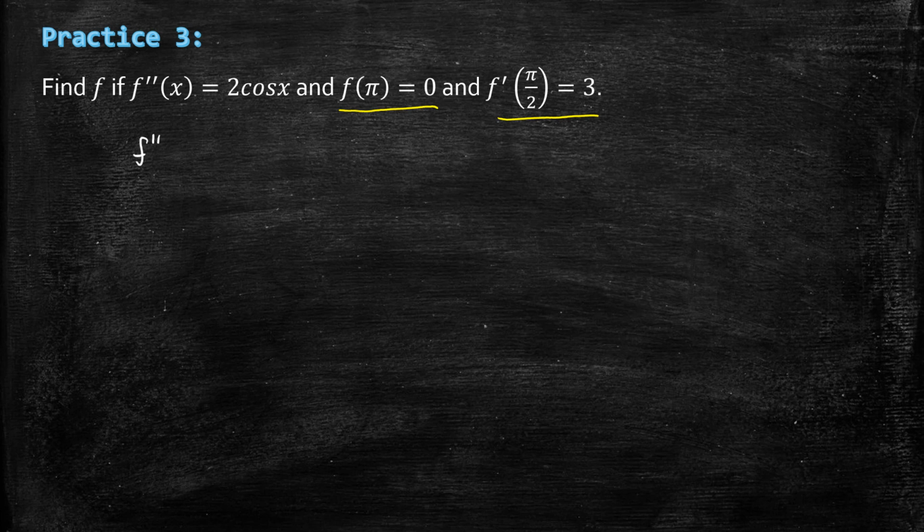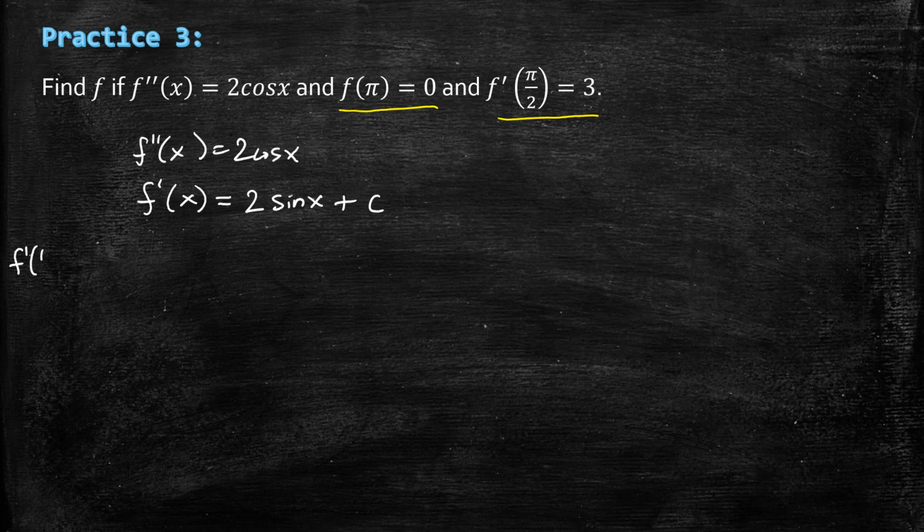So let's bring this down here to cosine x, and the first step, of course, is to take the antiderivative, which will bring us to f prime. The antiderivative of cosine x is sine x, but we mustn't forget that plus c. Now, at this point, we have to find c by plugging in the point that can help.